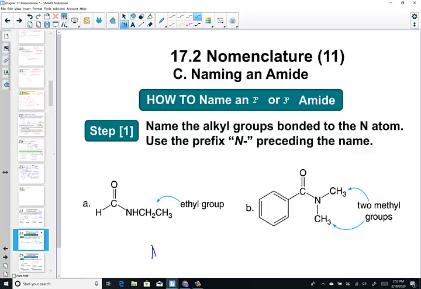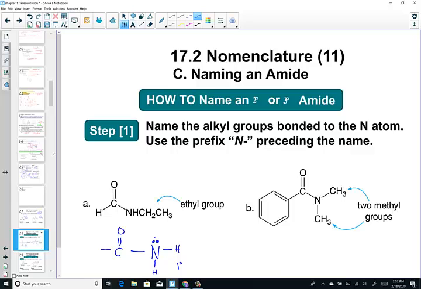So remember, a nitrogen needs 3 bonds. One of them will always be to the carbonyl carbon. That's what's making it the amide. If these are both hydrogens, there's no need to tell you what the alkyl group is. A primary amide, I just take the word from the parent acid and put the amide on it.